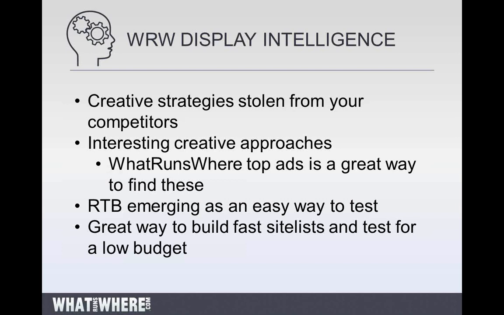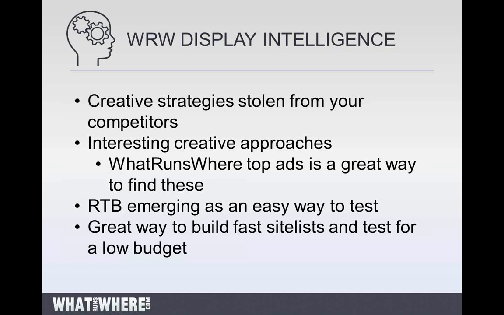So besides that, how do I test all these placements? This is the great thing about RTB, which stands for real-time bidding. Before RTB, you would have to put in individual buys with each of these websites or go to an ad network. This would require a large down payment, and you wouldn't be able to test, let's say, 1,000 different sites.